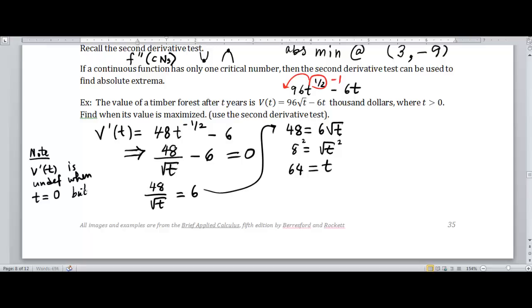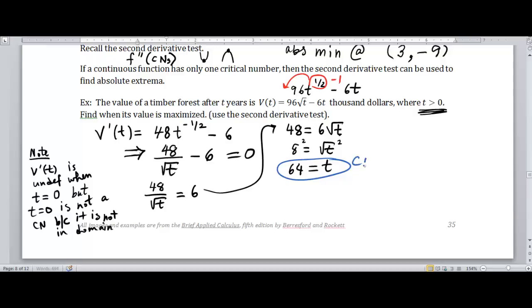But notice that t equals 0 is not a critical number because it is not in the domain. Notice how our t is strictly greater than 0, right? So t equals 0 is not even in our domain, so we're not going to consider that a critical number. So t equals 64 is the only critical number.